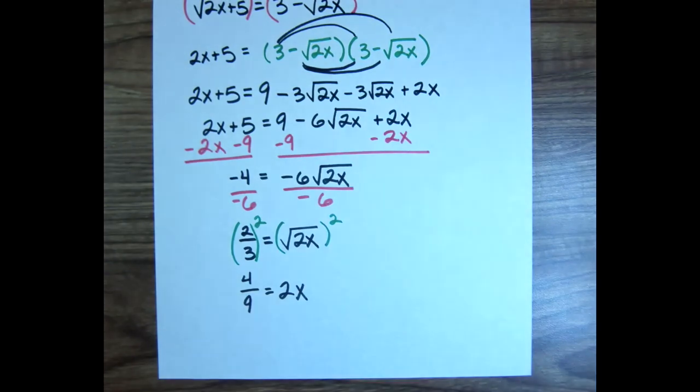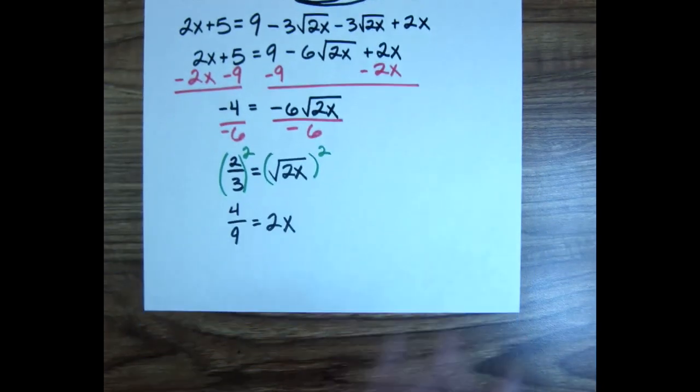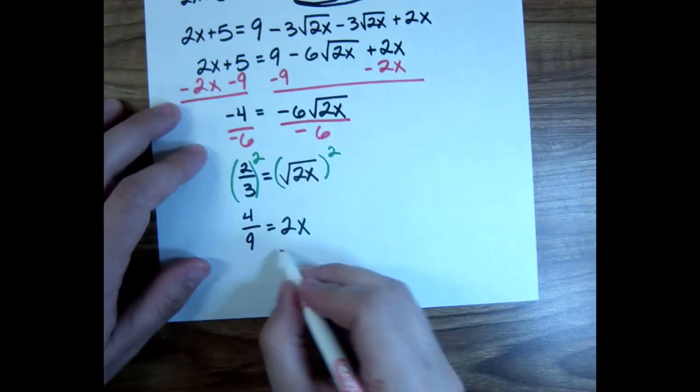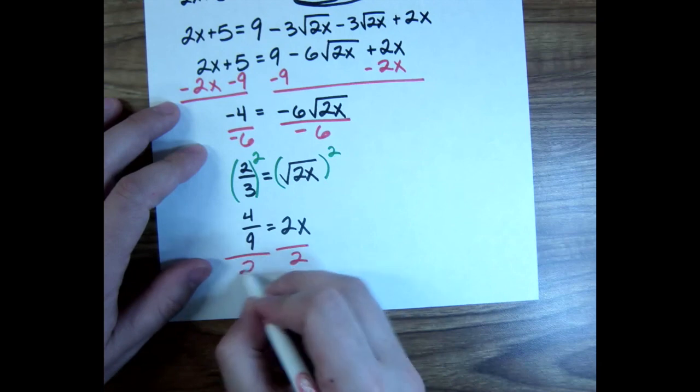Now, if you're like me, you're going to get this entire problem completely right up until this step where you have to do something simple like divide by 2, and this is where you're going to mess it up. Because I got to do 4/9 divided by 2. What's 4/9 divided by 2, children?